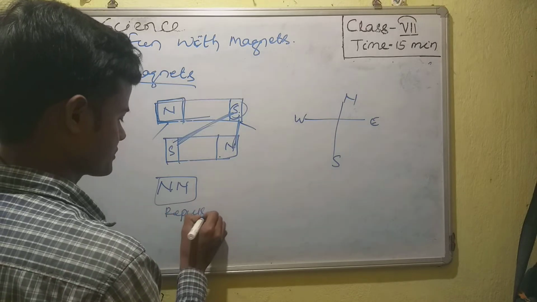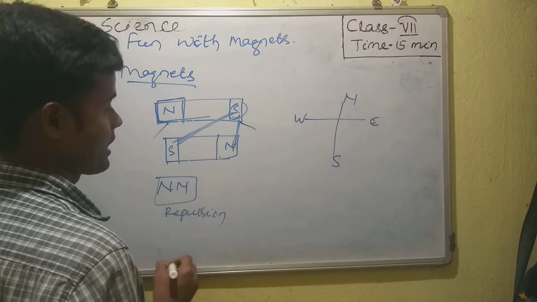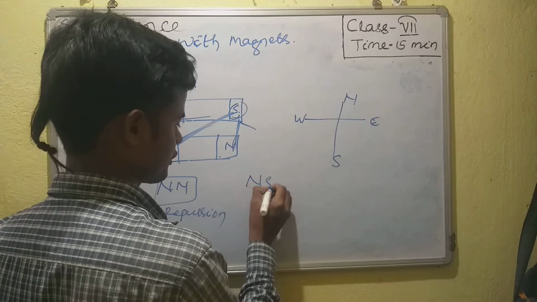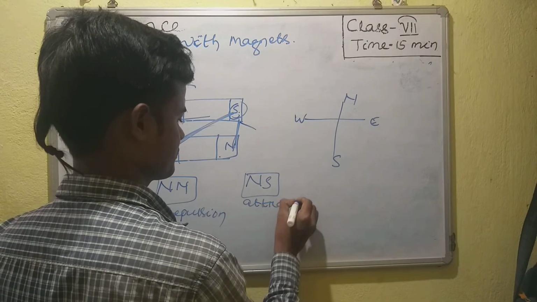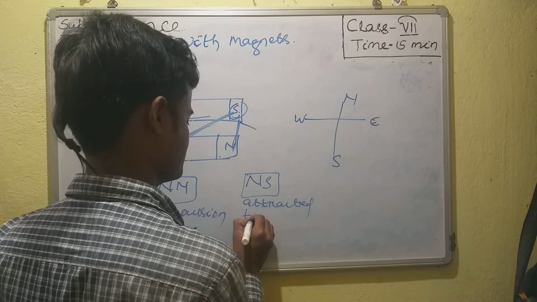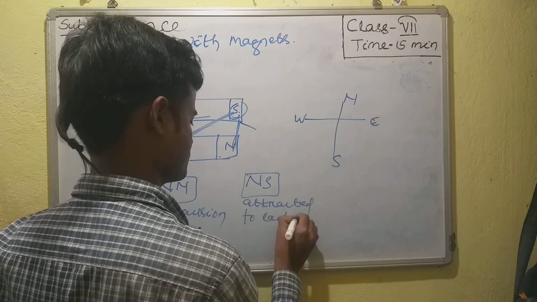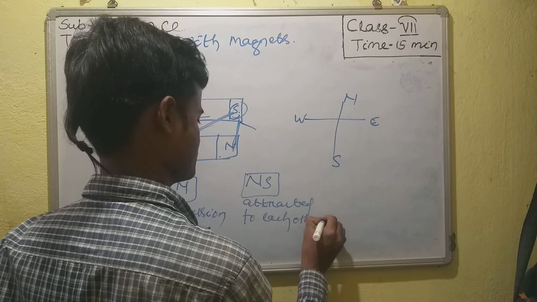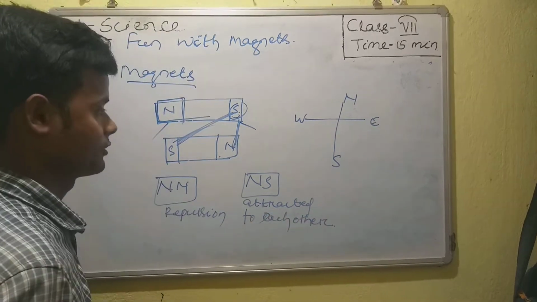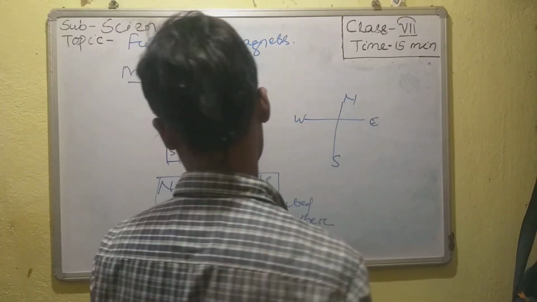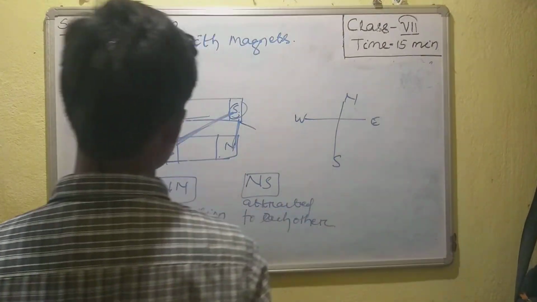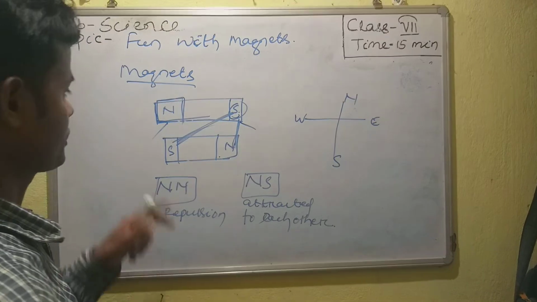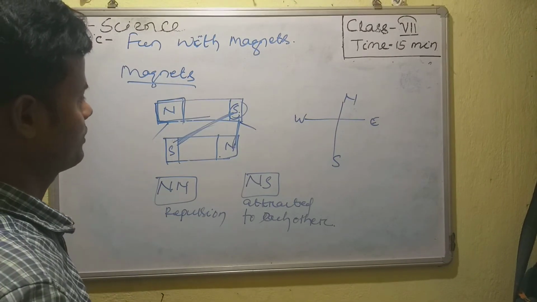There will be repulsion, right? Two similar poles repel and two opposite poles attract each other. These are the north pole and south pole of the magnets.